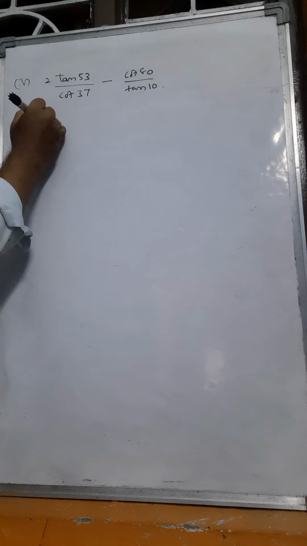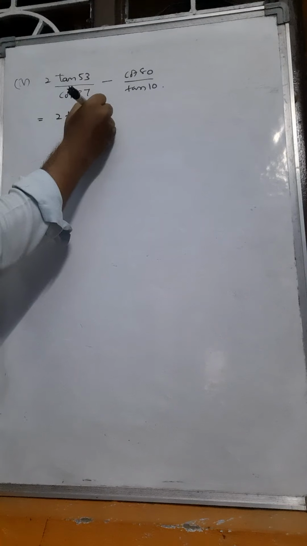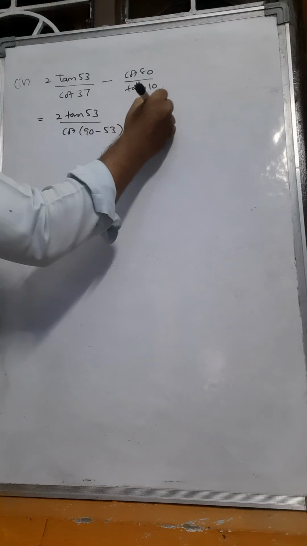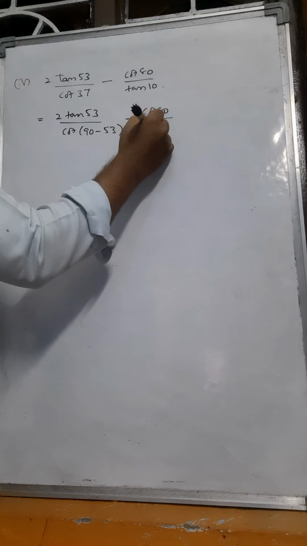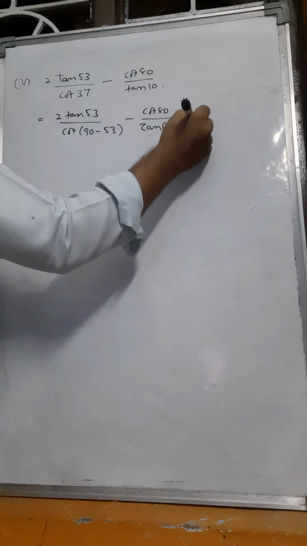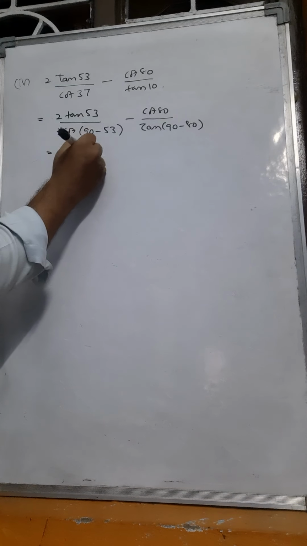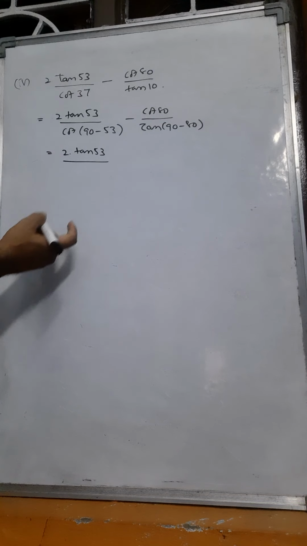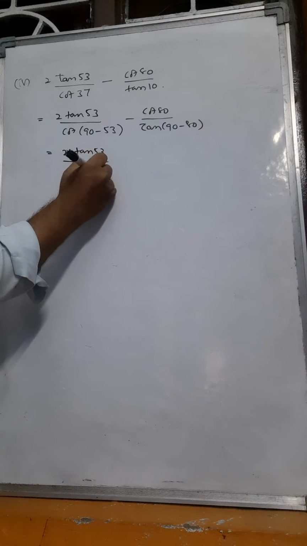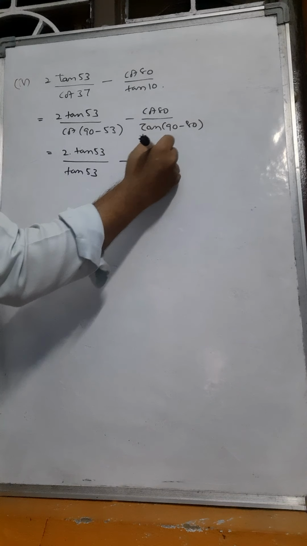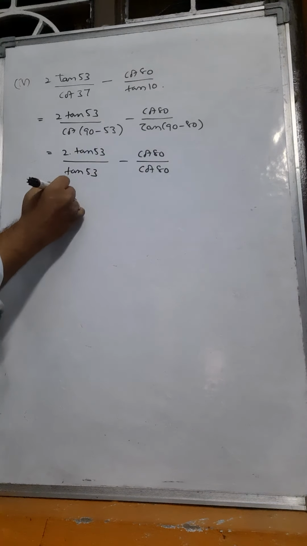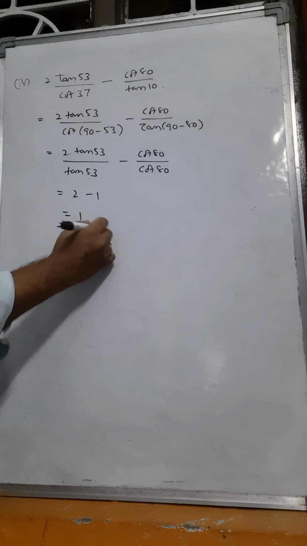So we can write it as 2 tan 53 by cot(90 minus 53) minus cot 80 by tan(90 minus 80). Cot(90 minus theta) means tan 53, so 2 tan 53 by tan 53. And tan(90 minus 80) means cot 80, so cot 80 by cot 80. These both will get cancelled. 2 minus 1, that is equal to 1.